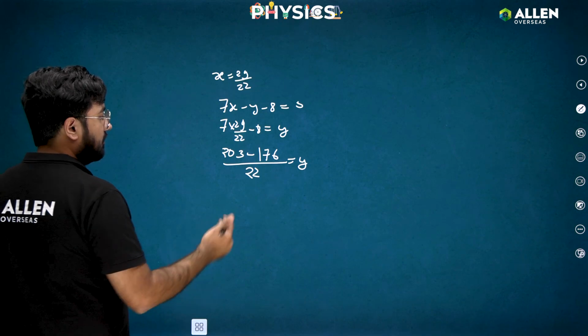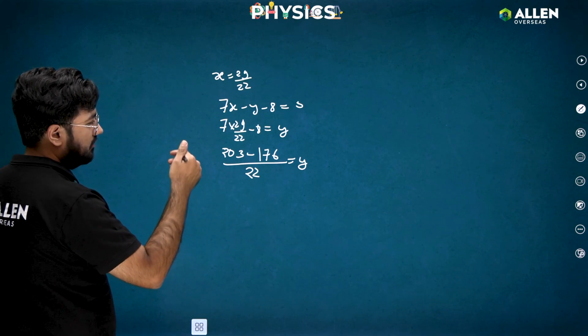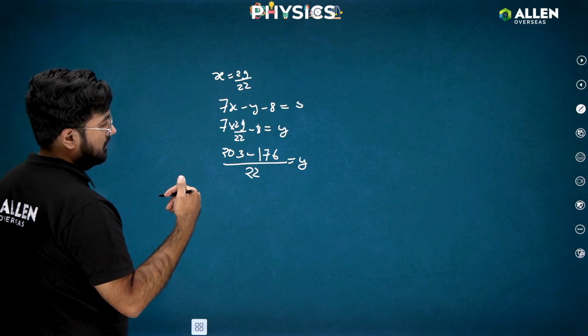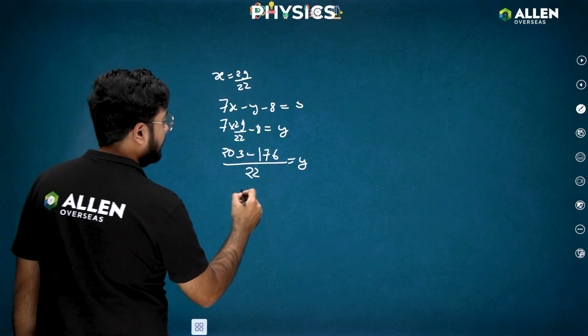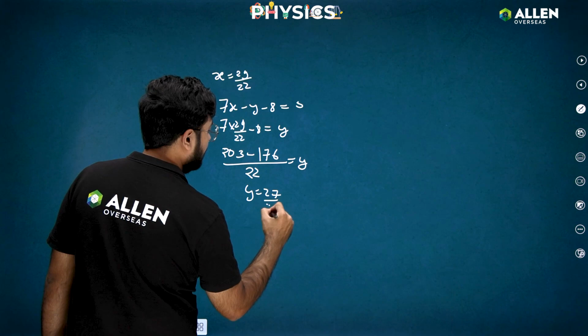So from here if you subtract, you are going to get 27. So y is equal to 27 by 22.